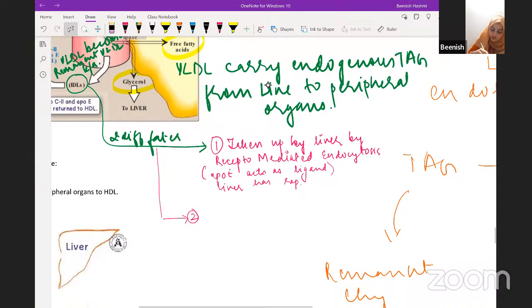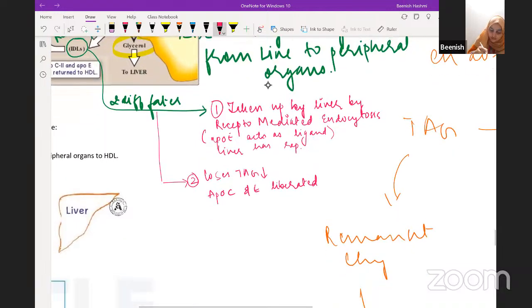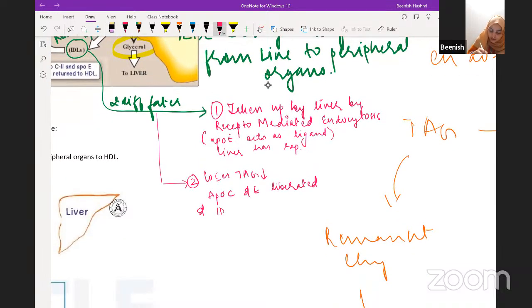that it loses more TAG. So your TAG content decreases, ApoC and E are liberated, and your IDL changes into LDL. The only apolipoprotein present is ApoB100.